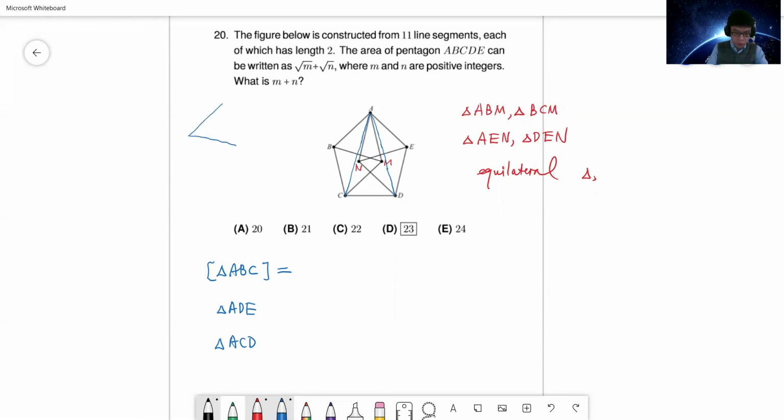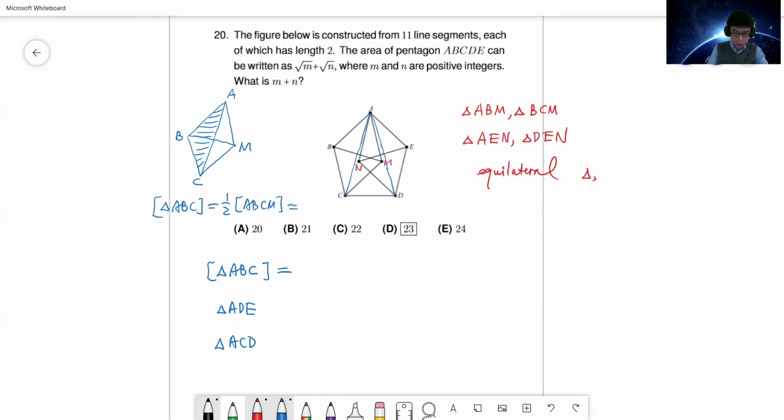So let me draw it here. A, B, C, M. We connect AC. This divides the rhombus into 2 equal areas. Okay, triangle ABC. This area is 1/2 of the area of ABCM.